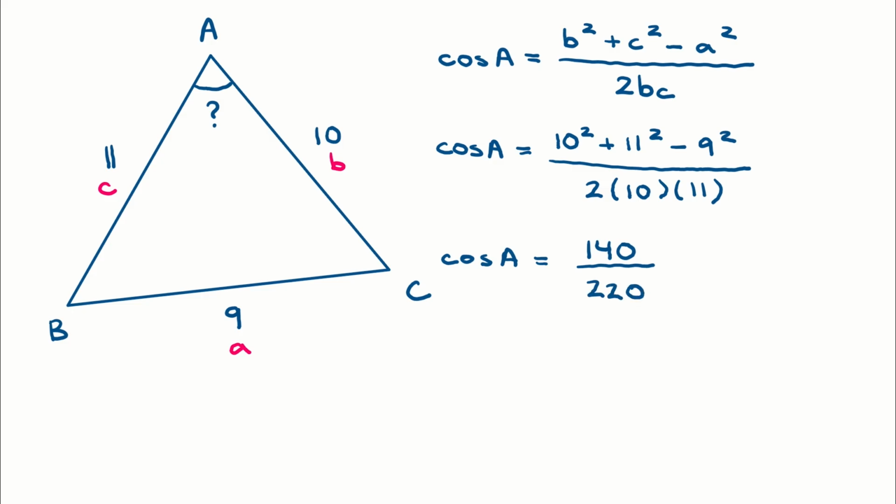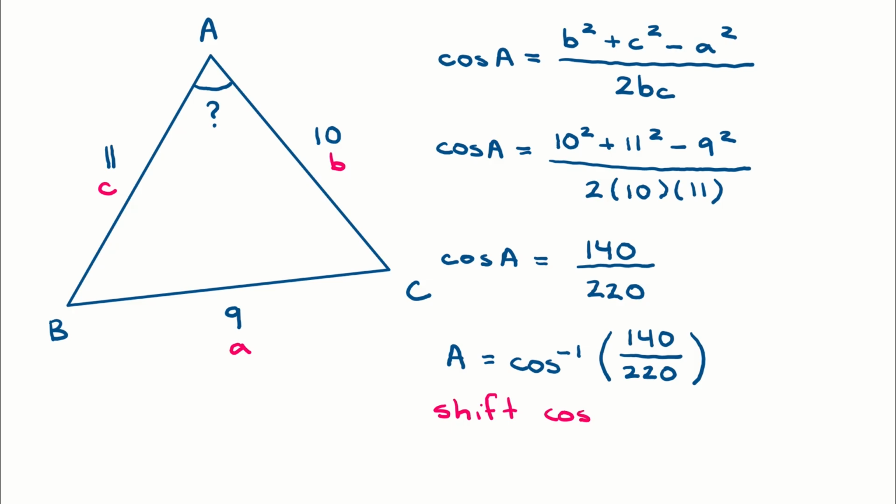This is cos A. We want to figure out what A is equal to. So we have to take cos inverse of both sides. And now you can stick this directly into your calculator. So to do that, usually with your calculator, you're pressing the shift button and then the cos button, and then bracket 140 divided by 220 bracket.